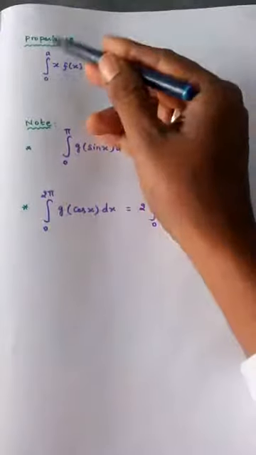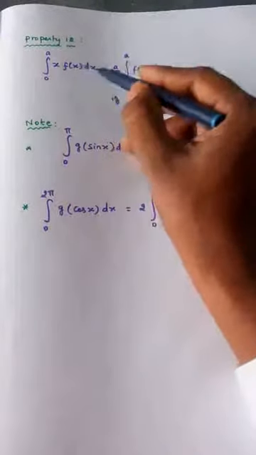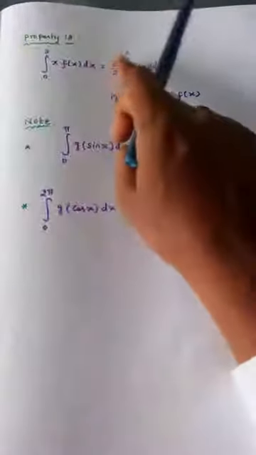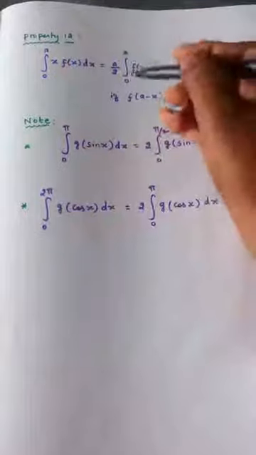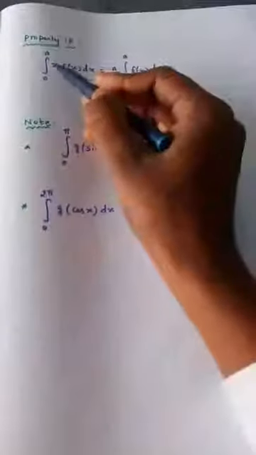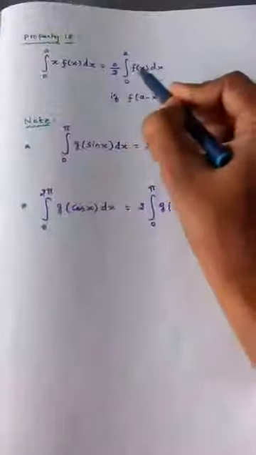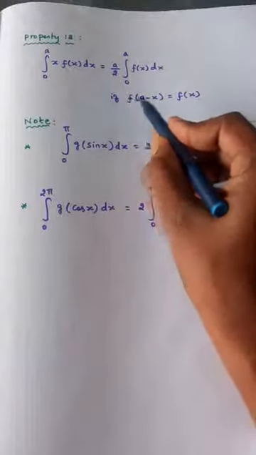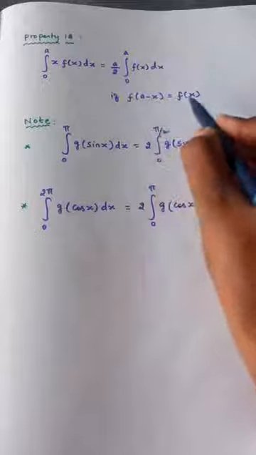Integral 0 to a x into f of x dx can be written as a by 2 times integral 0 to a. Now we need not write this x, just f of x dx. The condition it should satisfy is f of a minus x and f of x should be equal.